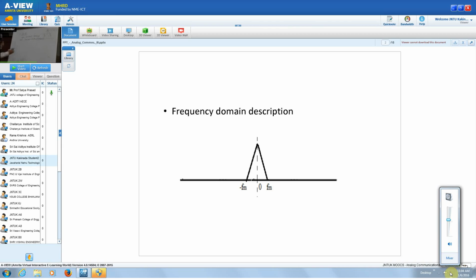Therefore, we can write cos A into cos B we are getting here minus spectrum that we are going to have.